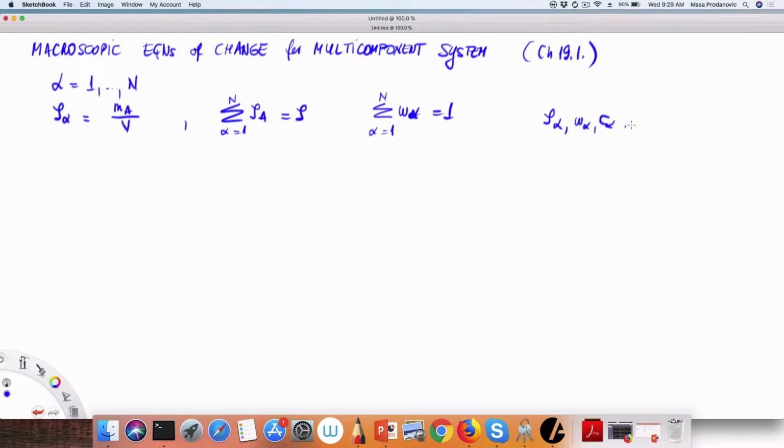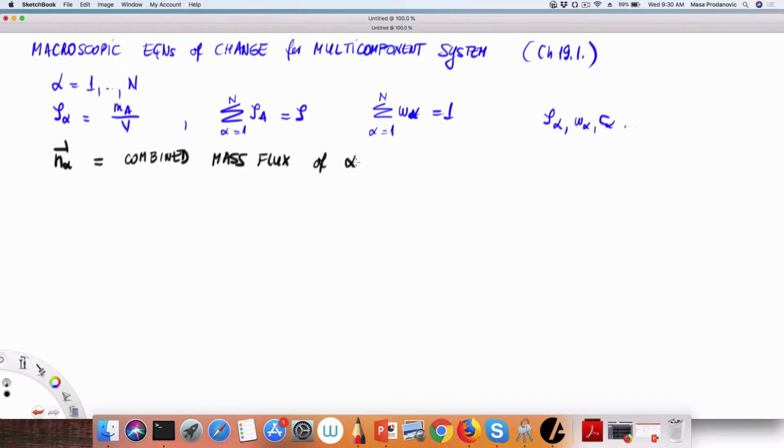I already hinted at the combined mass flux of species alpha. We're going to refer to that as n alpha, mass flux of alpha. c alpha is the number of moles per volume of alpha.